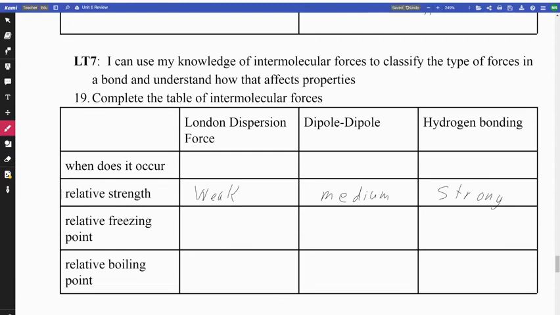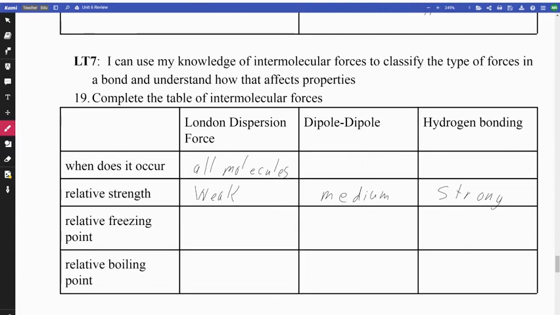Okay, now when do we have each of these things? Well, London dispersion exists in all molecules. So every single molecule that exists has London dispersion in between the molecules. If we have a nonpolar molecule, that has London dispersion.